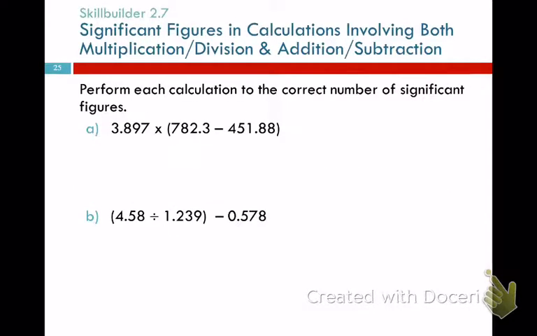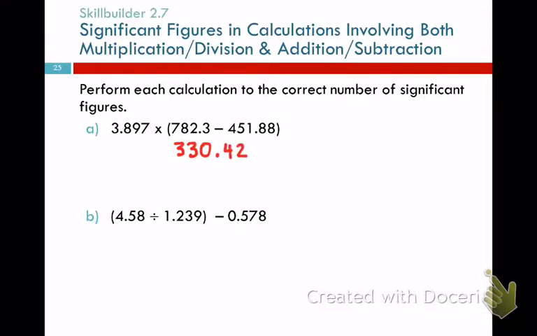So let's just look at a couple of examples. I'm going to do parentheses first. So I'm going to take 782.3 minus 451.88. So I get 330.42.